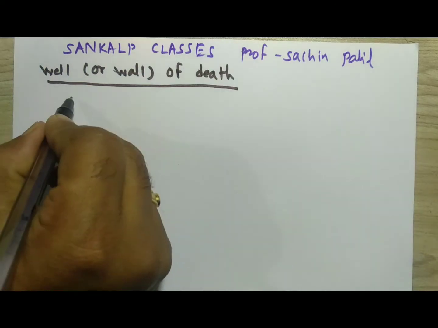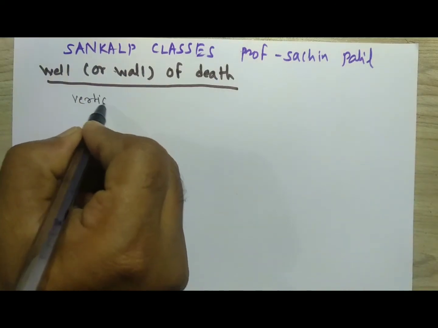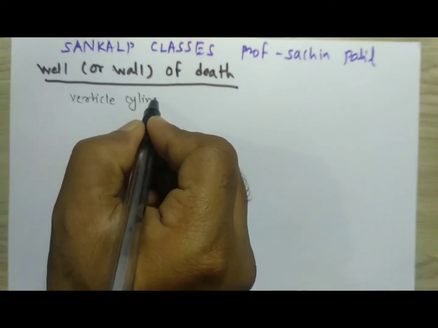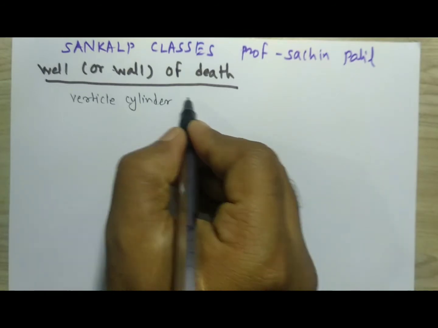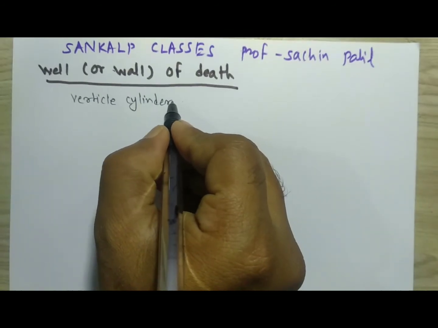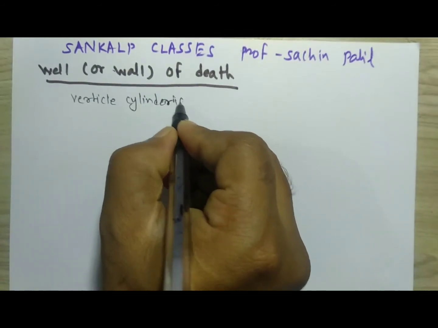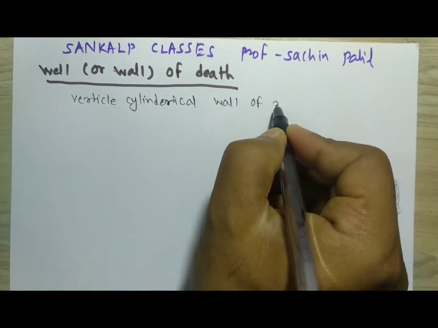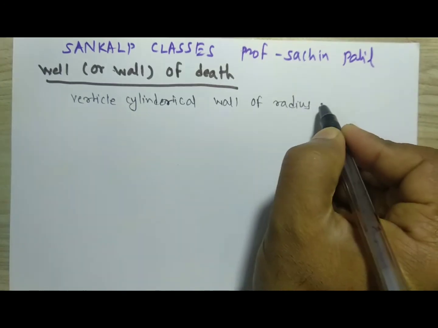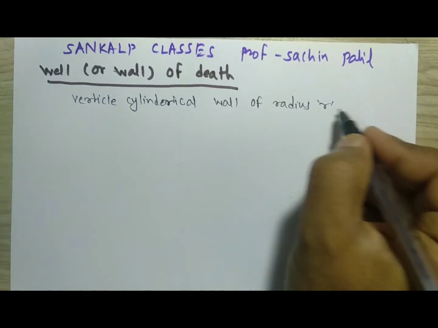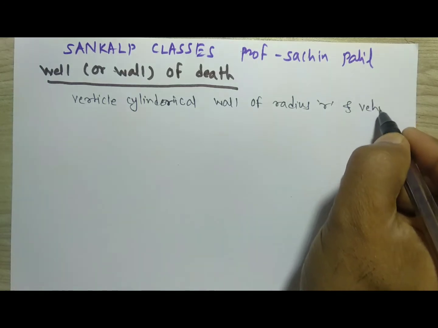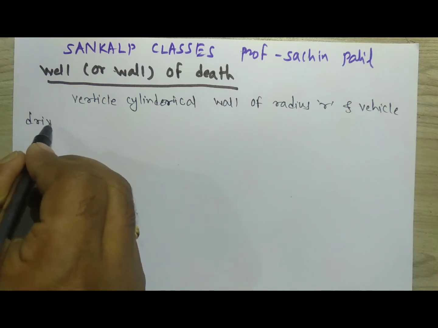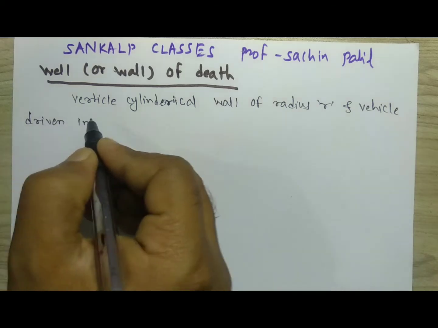It is nothing but a vertical cylindrical wall of radius r and a vehicle driven in a horizontal circle.